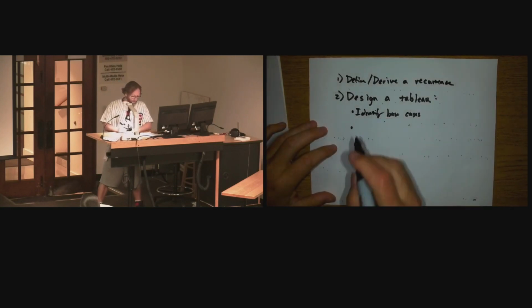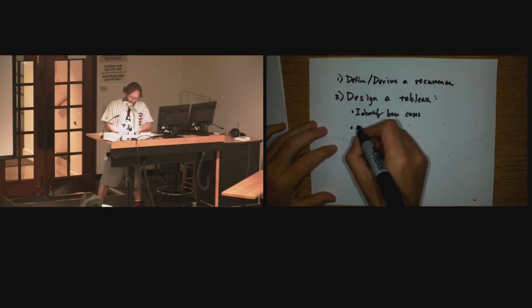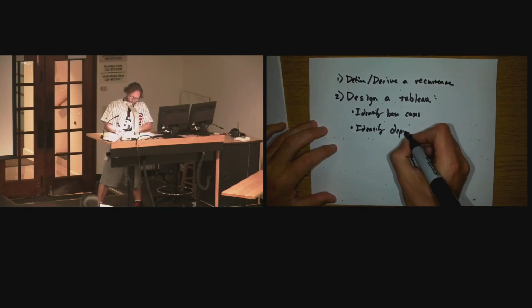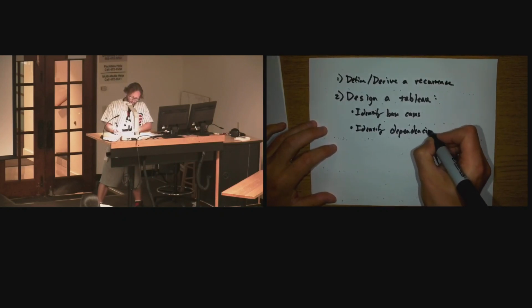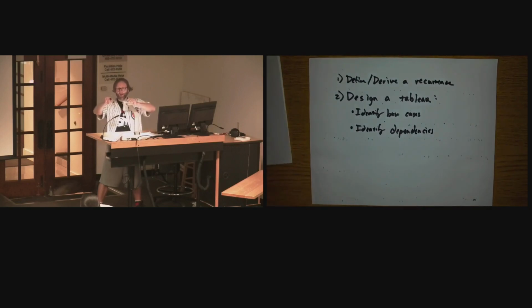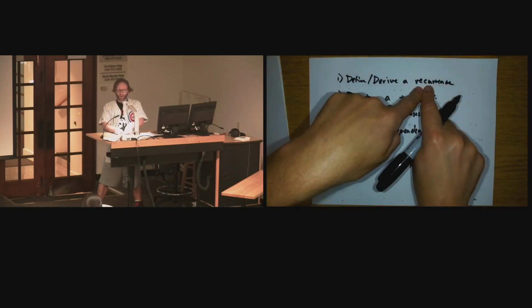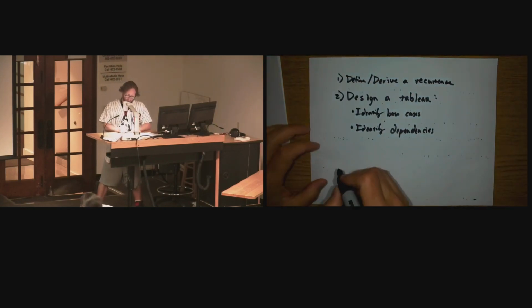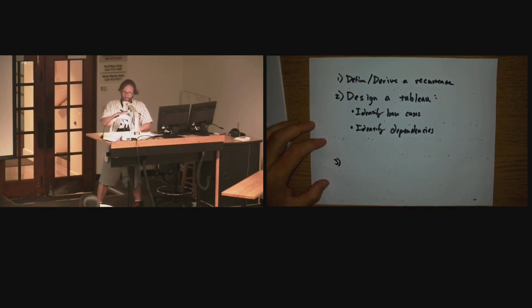Then you're going to identify dependencies. Right? These two other cells, because that's how you can devise a strategy for filling that table.